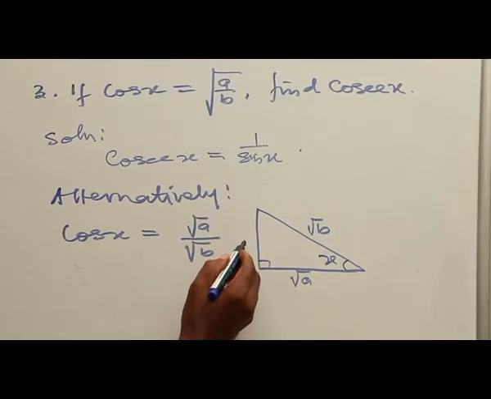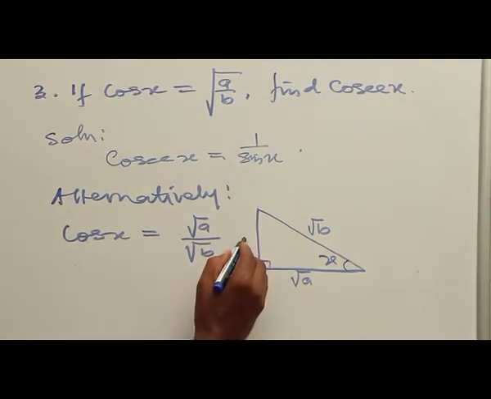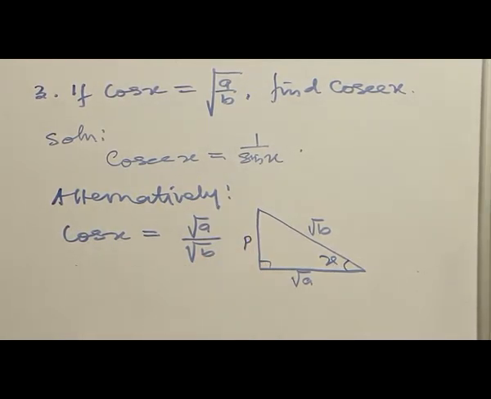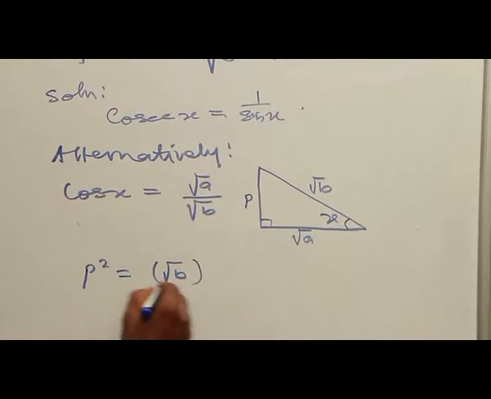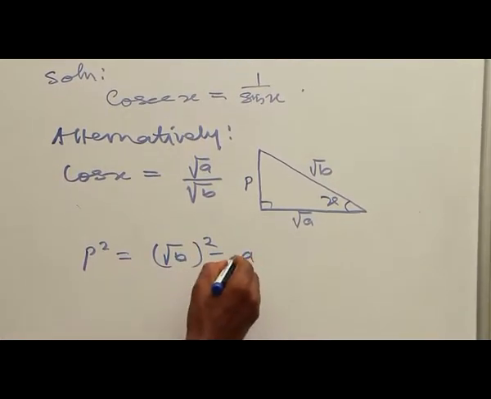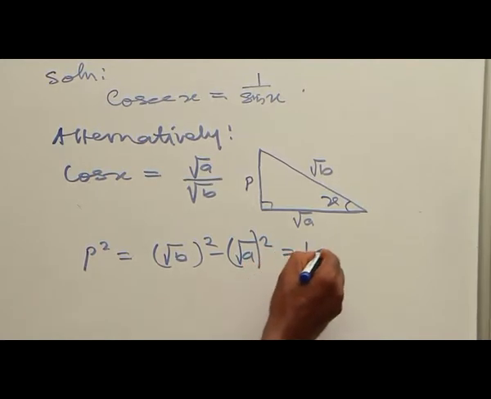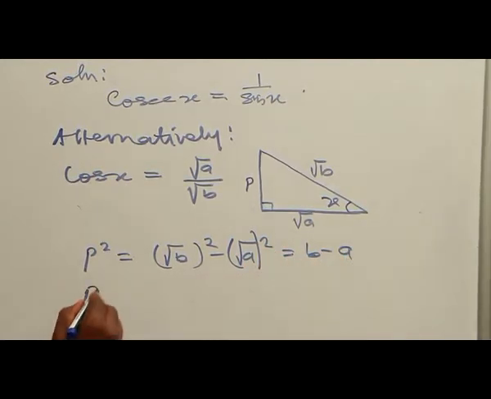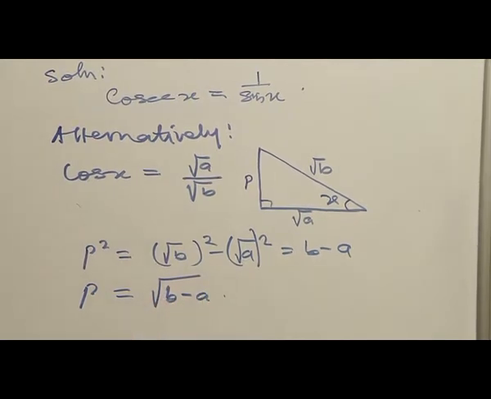We don't know this side. Let's call it P. So we now see that P squared is equal to root B squared minus root A squared, and this becomes B minus A. Therefore, your P is the square root of B minus A.